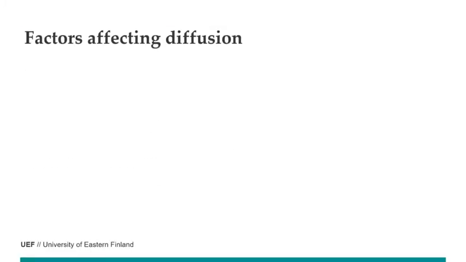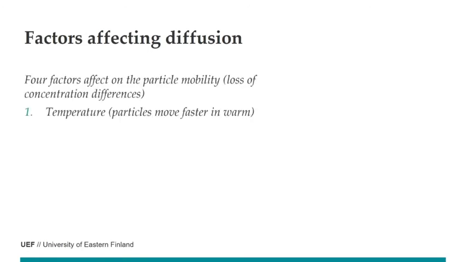Well, there are factors that affect the diffusion rate. First of all, the temperature. If we have a higher temperature, all the particles are moving faster. Then we have permeability. So if there is a pore for these particles, they can go, for example, across the membrane.